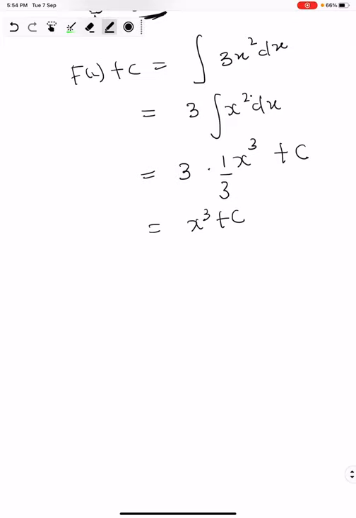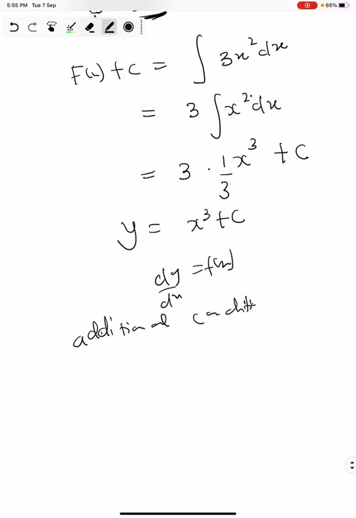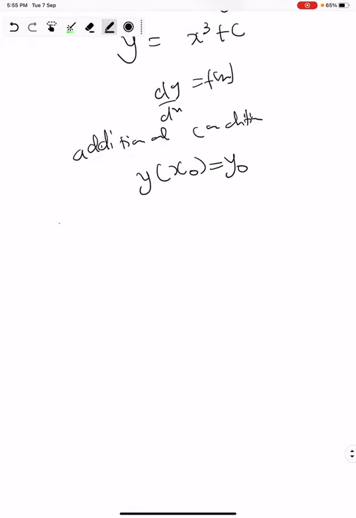Now, the problem of finding a function y that satisfies a differential equation dy dx is equal to f of x with an additional condition, let's say y of x naught is equal to y naught, is an example of what is known as an initial value problem, which we're going to shorten as IVP.